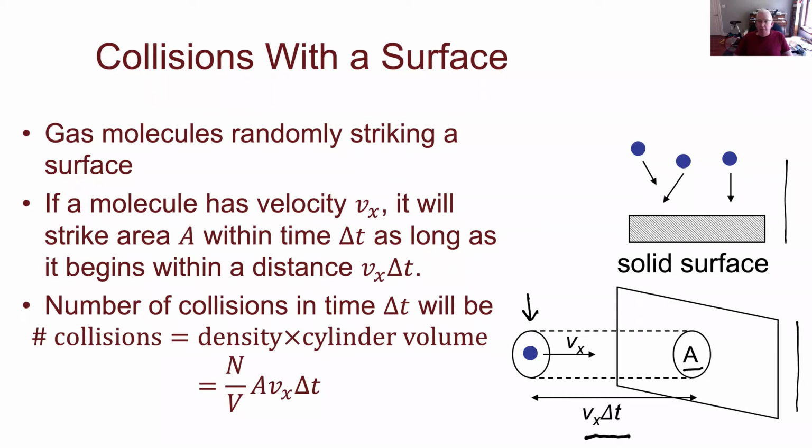Okay, so Vx delta t, that's going to give me a distance, right? Because Vx is a speed. I take my speed and I multiply it by delta t. That'll leave me with distance, right? If my molecule starts off within that range of the surface, then in a window of delta t, it should reach the surface and hit my target, all right?